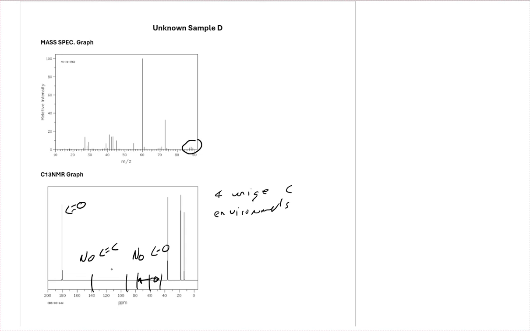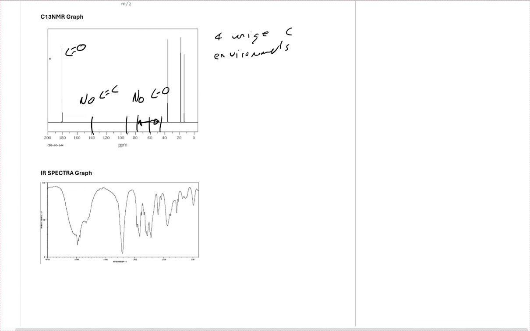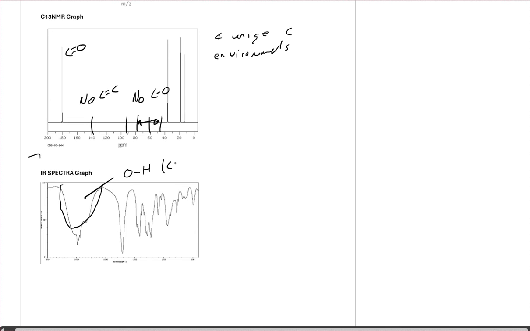Let's just have a look down to the next graph. Oh, okay, so this is good. The next graph has this very broad peak here. This is an OH stretch, but it must come from a carboxylic acid group.